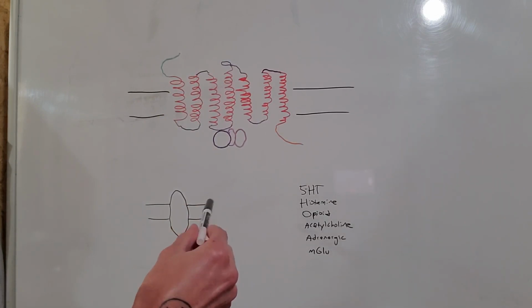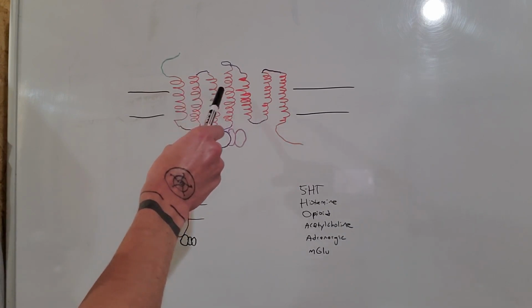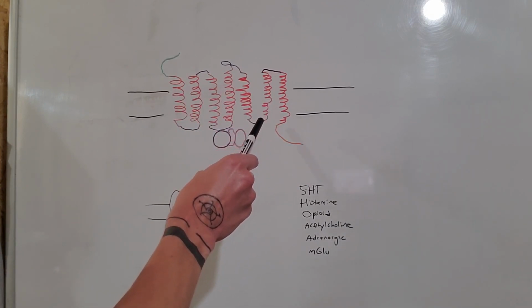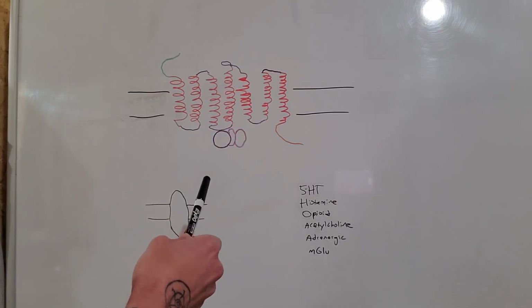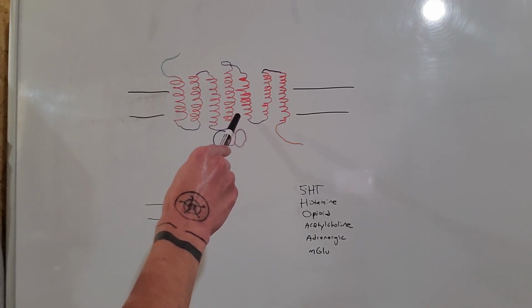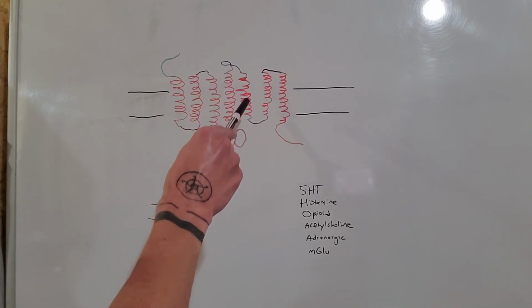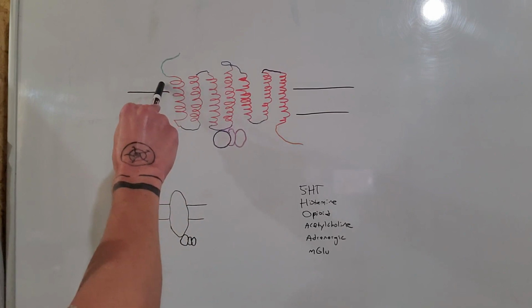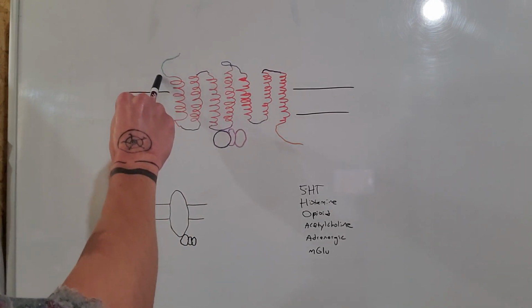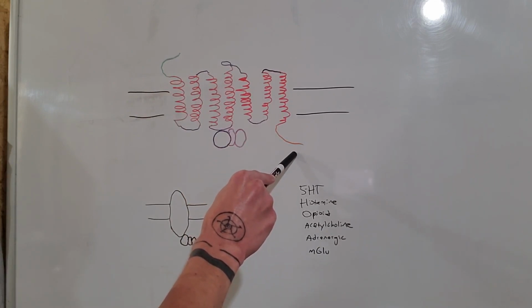The heptahelical part means that it consists of 7 alpha helices, which are protein domains. Each one is connected with a loop, 3 intracellularly and 3 extracellularly. The N-terminus section of the protein is extracellular, and the C-terminus is intracellular.